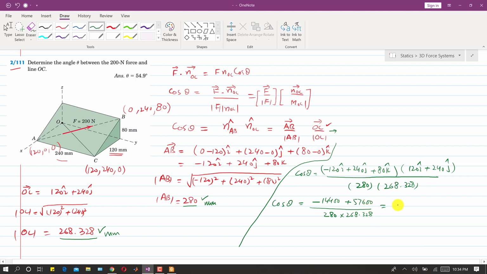Let me solve it. This comes out to be 0.574, or approximately 0.575. If I take the inverse cosine of this, it gives theta equal to 54.9 degrees. So this is the angle between the force and the line OC, which was required in this problem.